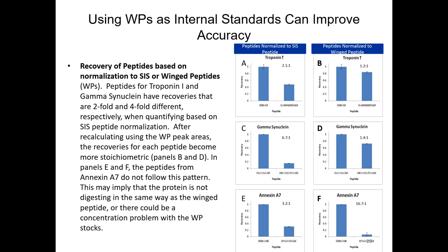Annexin A7, something was up here, so either the winged peptide didn't behave like the protein, or the concentration was off. And that was for this protein, so there's no way really for us to check which effect it was. Troponin and gamma-synuclein had reasonably good results, and that 20 to 40% difference might be due to us not having matched those concentrations exactly.